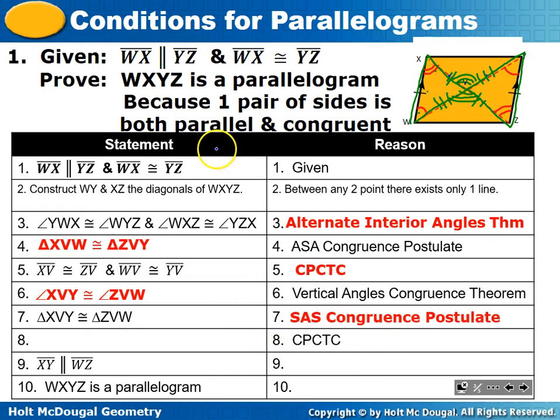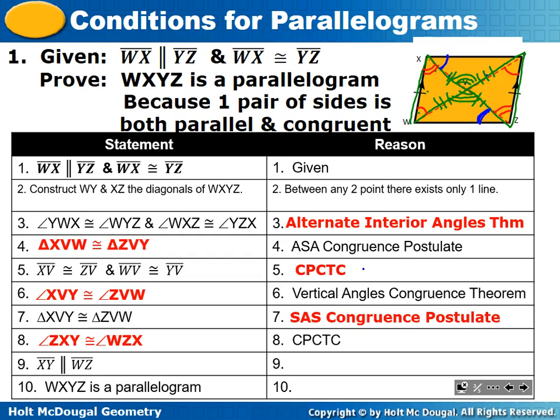Now remember, what we're trying to prove is that this is a parallelogram. What we need to prove is that the other pair of sides is parallel. So to do that, we could use the converse of alternate interior angles theorem, right? So we would say that this angle up here is congruent with this angle down here. That's what we do, because those are corresponding parts in those 2 triangles.